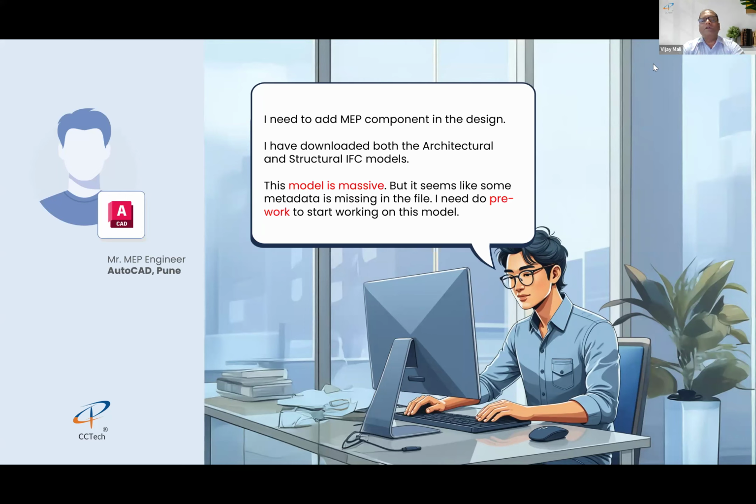For him the model is pretty large, considering both design streams are included in the file shared with him, and he needs to do a lot of pre-work before he even starts his own modeling. He needs to hide a few things and isolate a few things so that he can get into his own work, and then he works on that part.